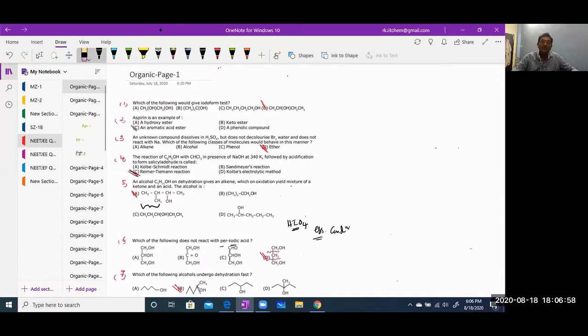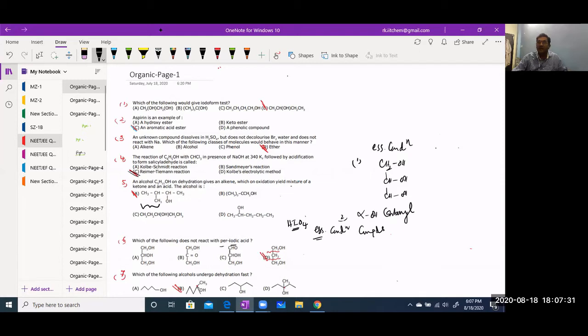The compound should be a vicinal diol. The essential condition is that the compound must be a vicinal diol. It should contain continuous hydroxyl groups, and it should contain alpha hydroxycarbonyl compounds. Alpha hydroxycarbonyl compounds.